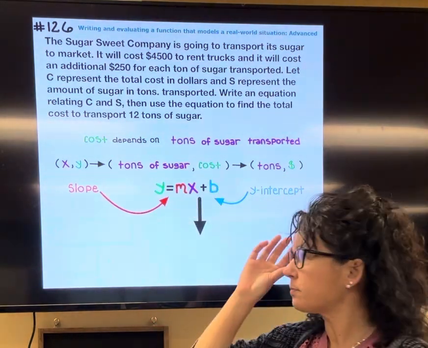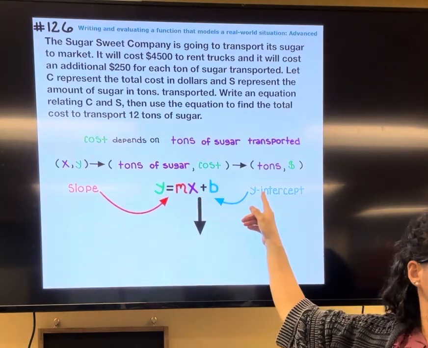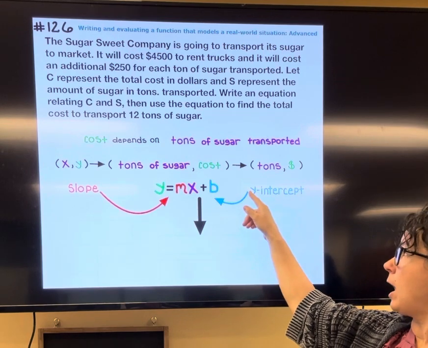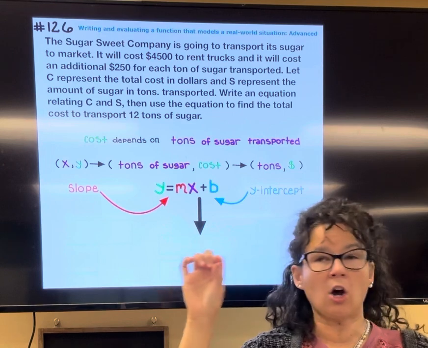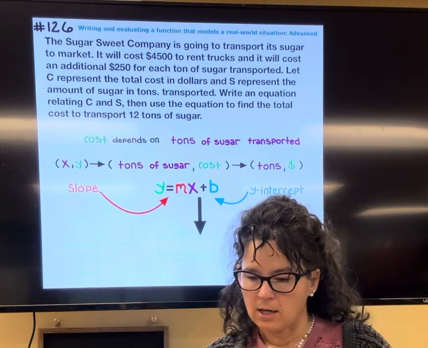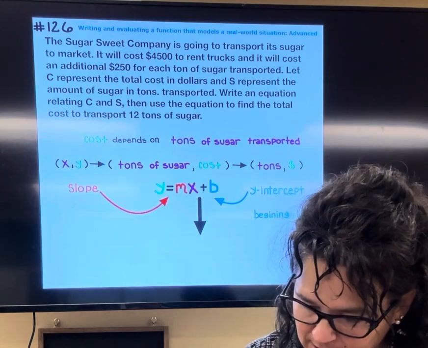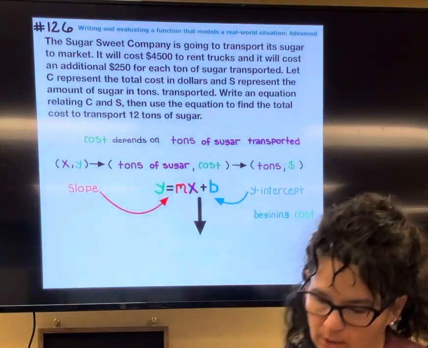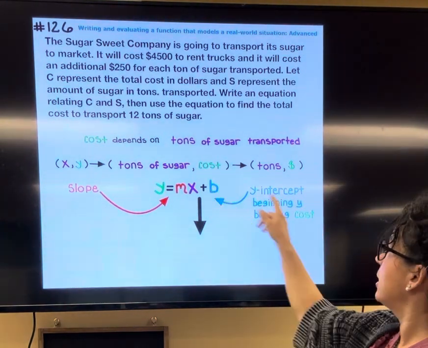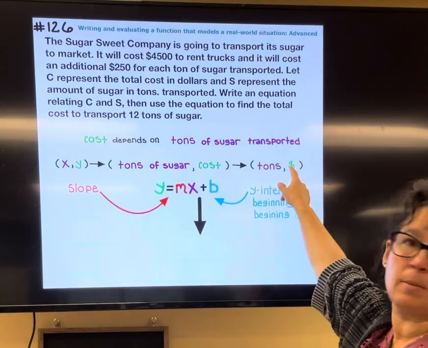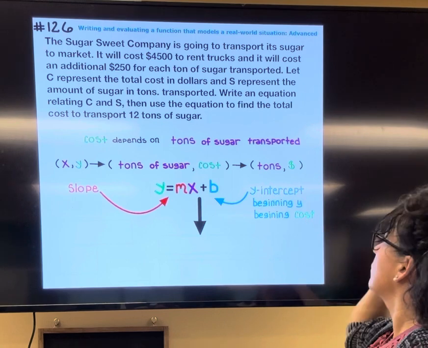This is going to go a long way to figuring out my M and B that I need to write the equation. So keeping in mind that the B is your y-intercept, which means where the graph starts on the y-axis. It's your beginning y, but the y in this is the money, so it's the beginning cost.